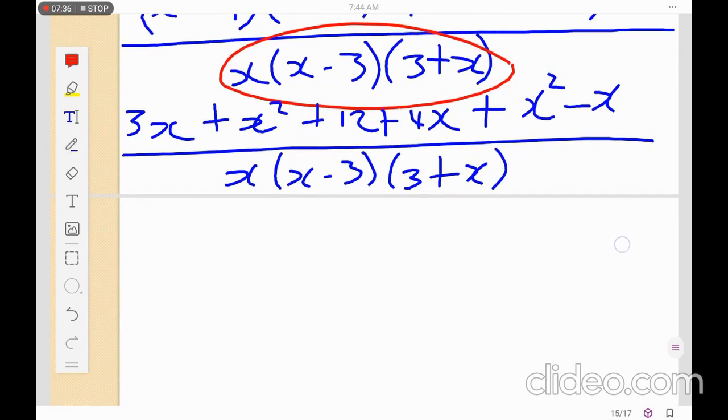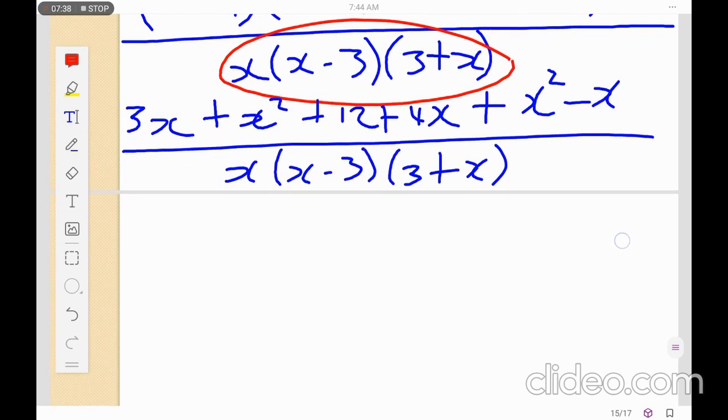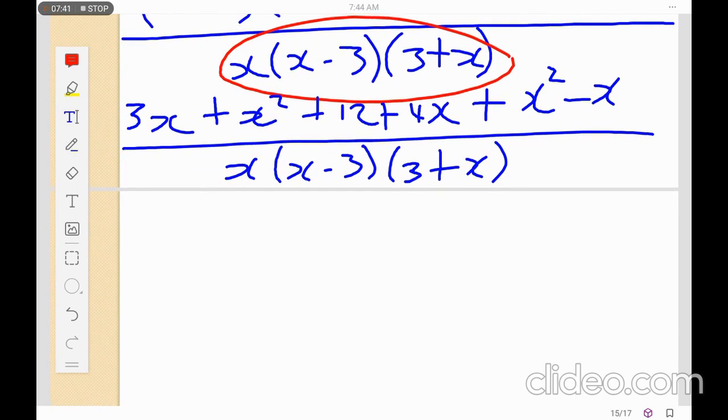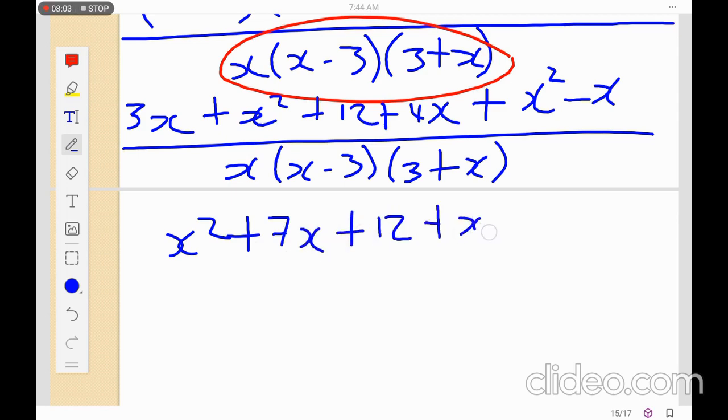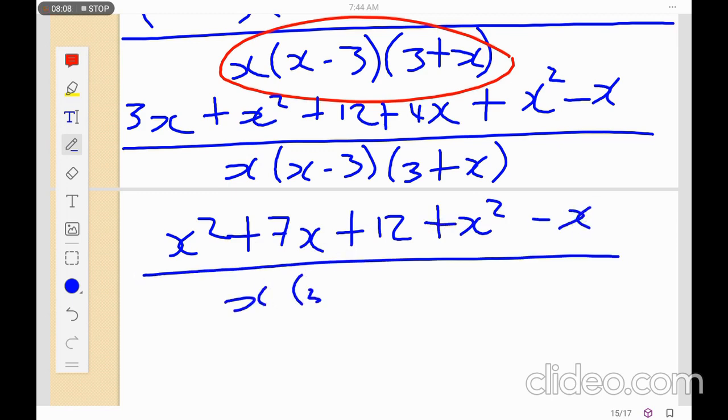So we can now group like terms. The x squared there, I can add them. Let me write them. I can have x squared plus 7x there, plus 12 plus x squared minus x, all over x minus 3 plus x.